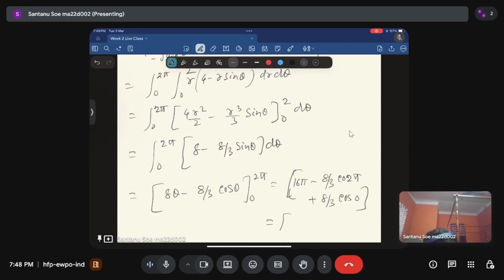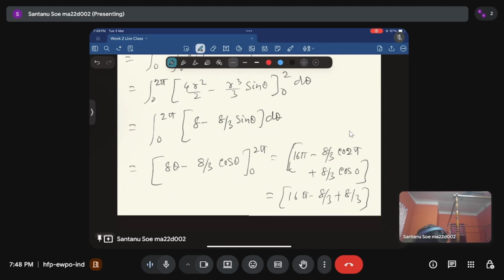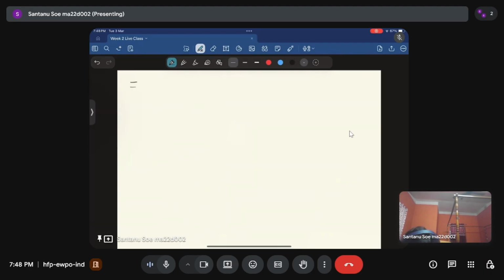So this is gonna be 16 pi minus 8 by 3 plus 8 by 3. So the answer should be 16 pi. So yeah, I hope this is clear now.